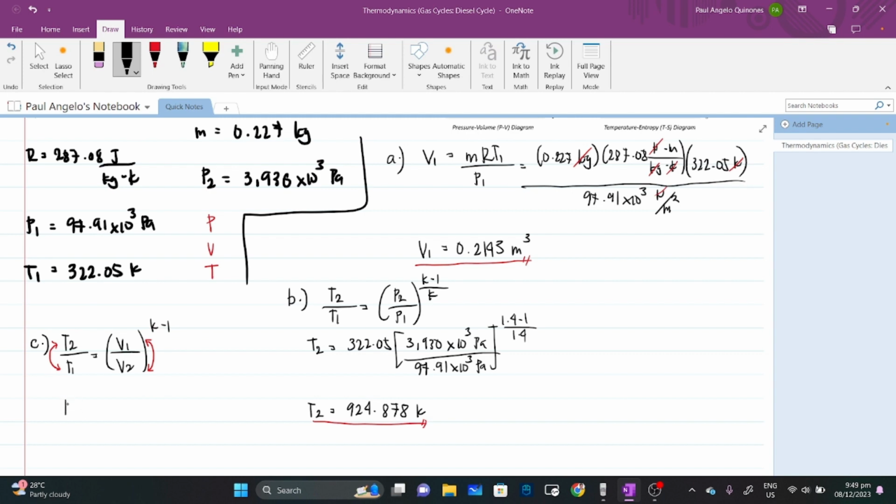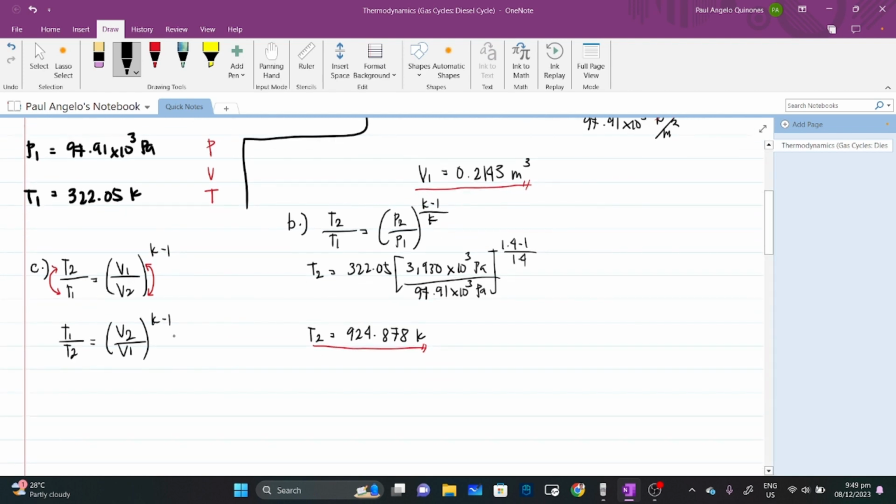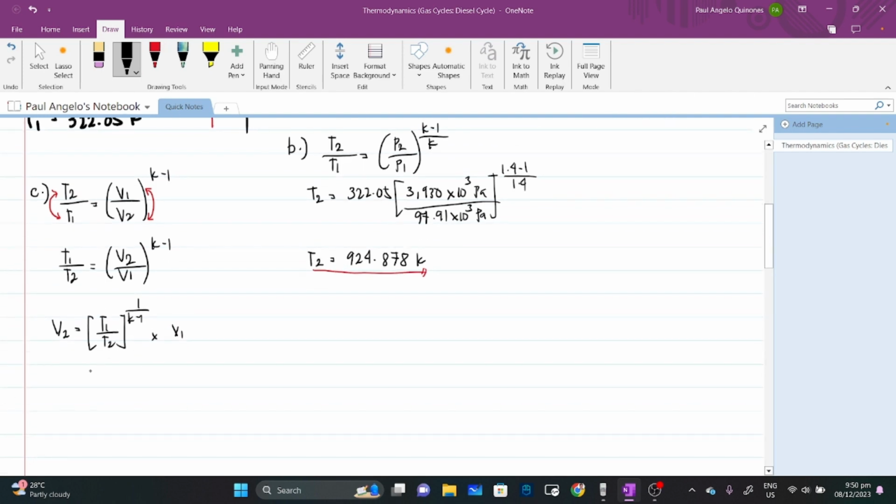So I will have T1 over T2 is equal to V2 over V1 quantity K minus 1. If I isolate V2, V2 will be T1 over T2 to the 1 over K minus 1 times V sub 1. So I can substitute directly the variables.